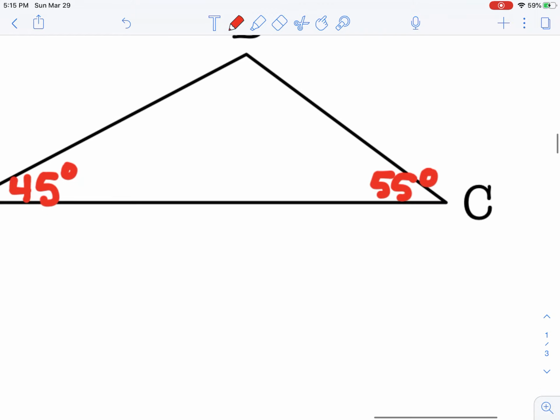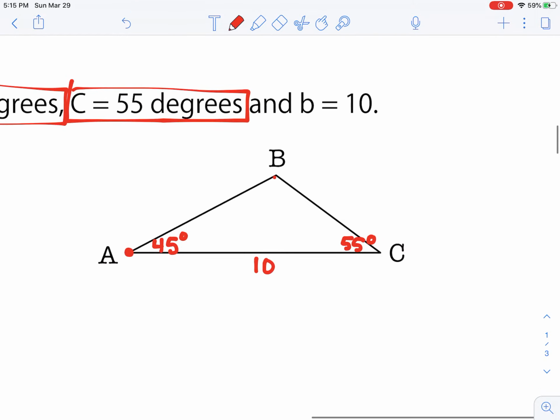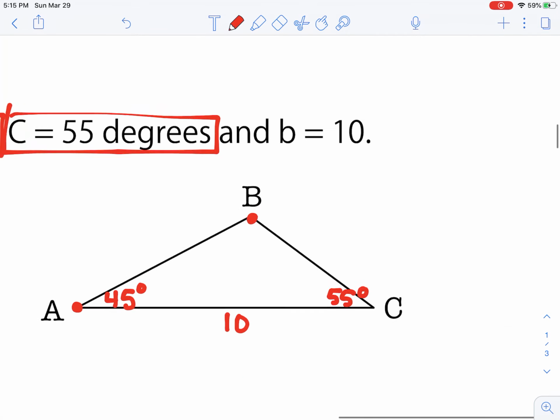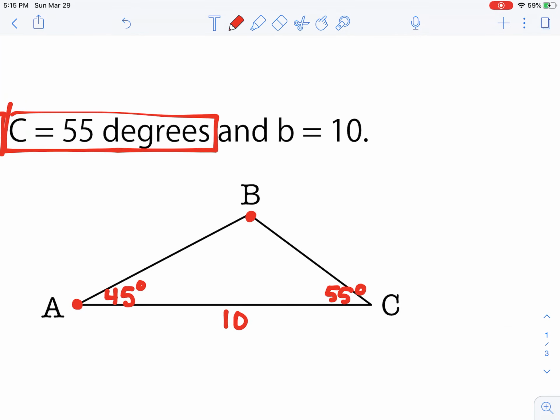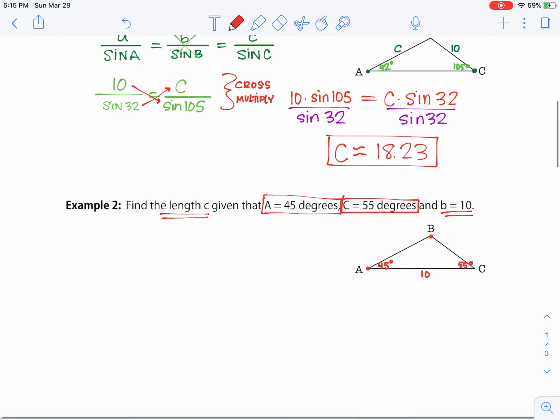In this particular case, we're given side B, which is 10. So again, if this B is up here, side B is always the side opposite that angle that doesn't touch that vertex, which would be this side on the bottom. So we're being asked again to find length C.